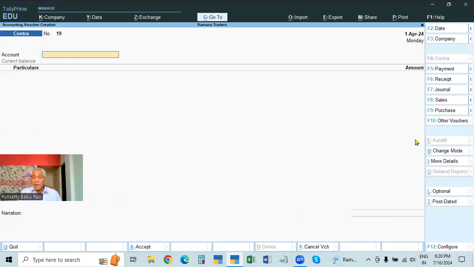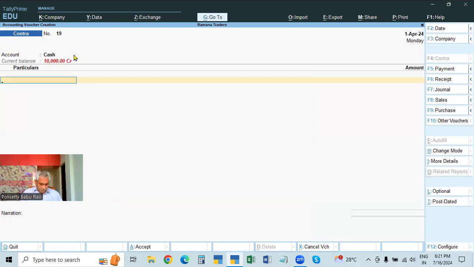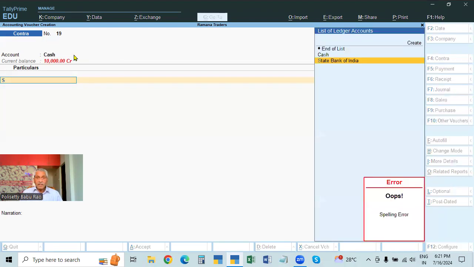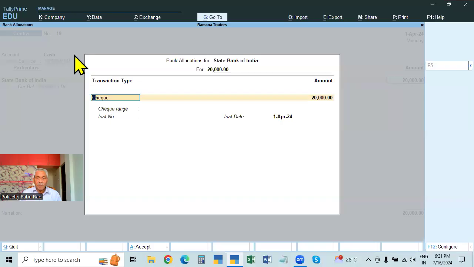When you are withdrawing from the bank, what do you do in such a case? Depositing, first you start with bank. When you are withdrawing, we will get cash, so it starts with debit. Suppose you are withdrawing 20,000 rupees from State Bank.